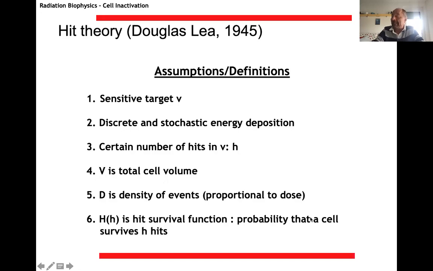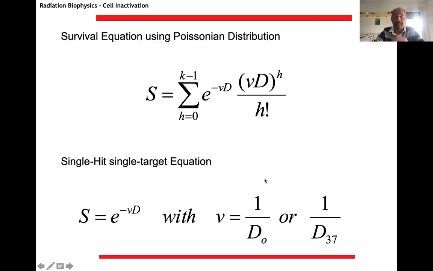The probability that the cell survives H hits will be this function, H of H. So now if you simply apply Poisson distribution, the survival probability to survive a given number of hits will be the sum from H equals 0 to K minus 1 of e to the minus VD, and so on.